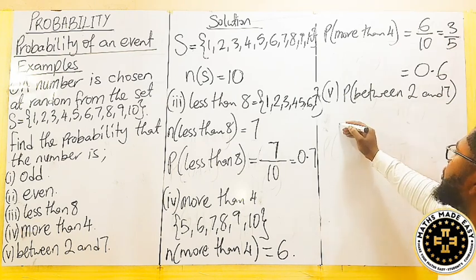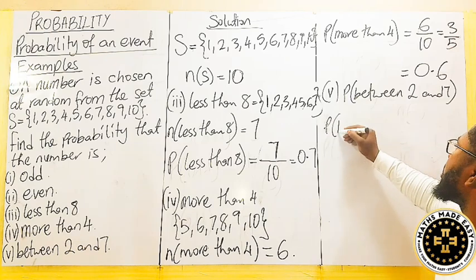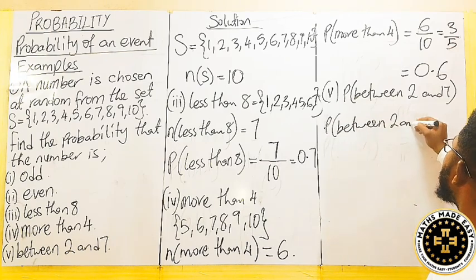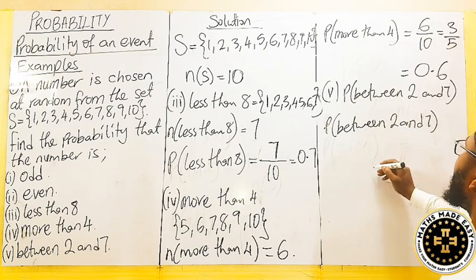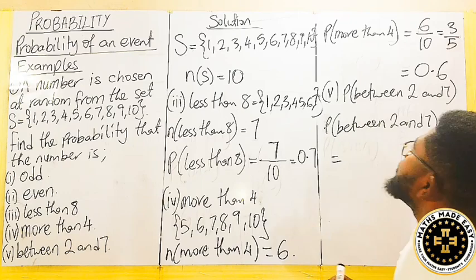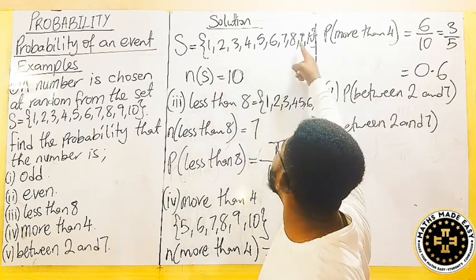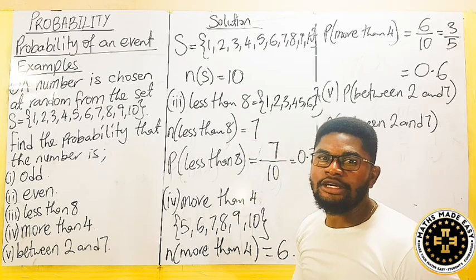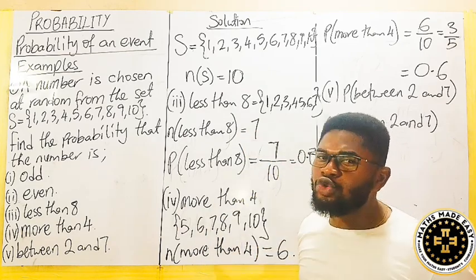So between 2 and 7, we are talking about P of between 2 and 7. How many numbers are there? Between 2 and 7, the numbers in between them, that means 2 is not part and 7 is not part. So 2 and 7 are excluded.